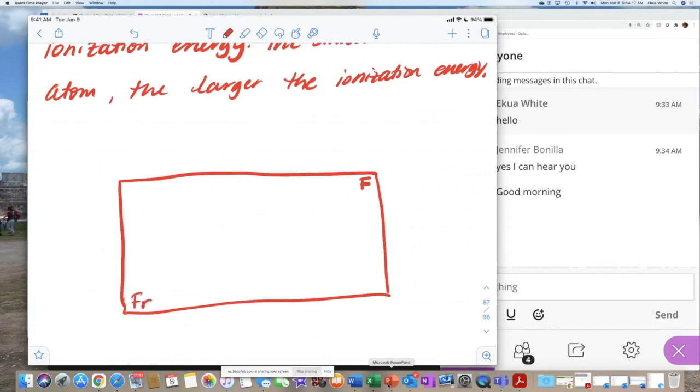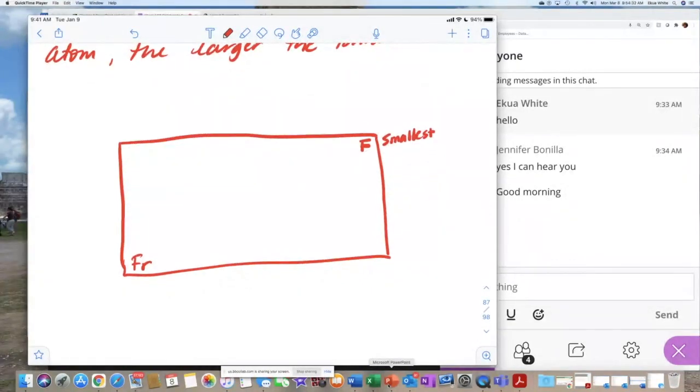Cesium is technically the largest, but yeah, you can put that there. That works. Okay, remember we talked about this before. Fluorine was the smallest, right? So going back to atomic size, smallest in the size. And then cesium, which is next to francium, is the largest, as far as size is concerned.